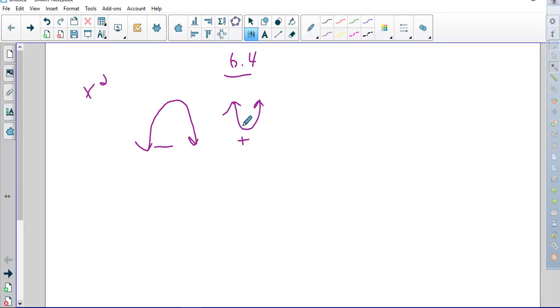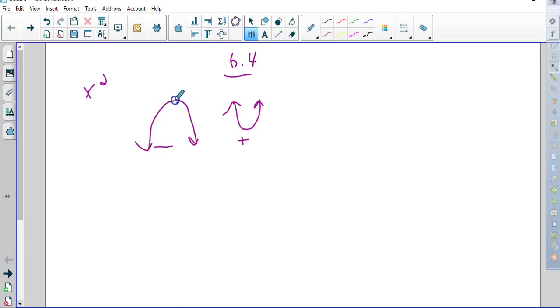So when you see a parabola that's going up, like a swing set, or a pendulum, that is a positive parabola. If you see one going, like throwing something up in the air and coming back down, that's over here, that's your negative parabola.